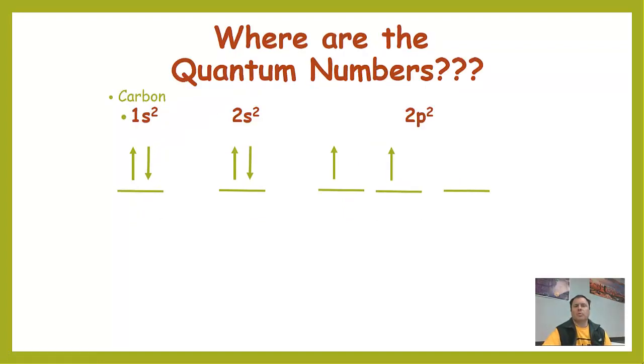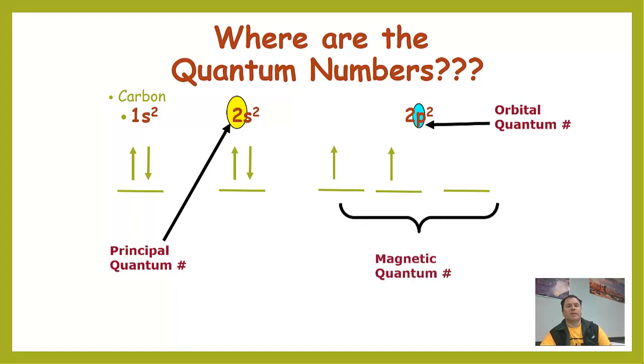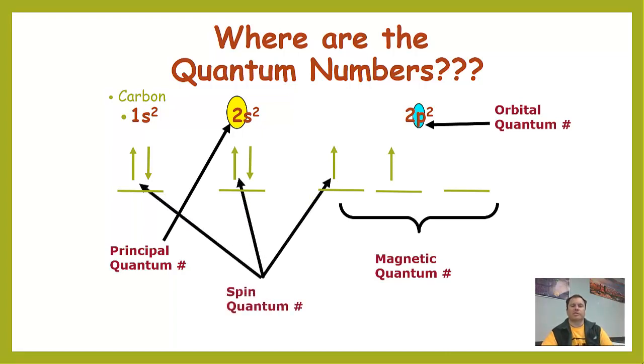All right, so where are these quantum numbers we've been talking about? Well, we know from writing just electron configuration that our whole number up front represents our principal quantum number. Our letters, the s, p, d, and f, those are our orbital. What orbitals are they in? And now we get 2 new ones when we do notations. The lines represent our magnetic: which of the axes do they lie on? And then the arrows are going to represent our spin.